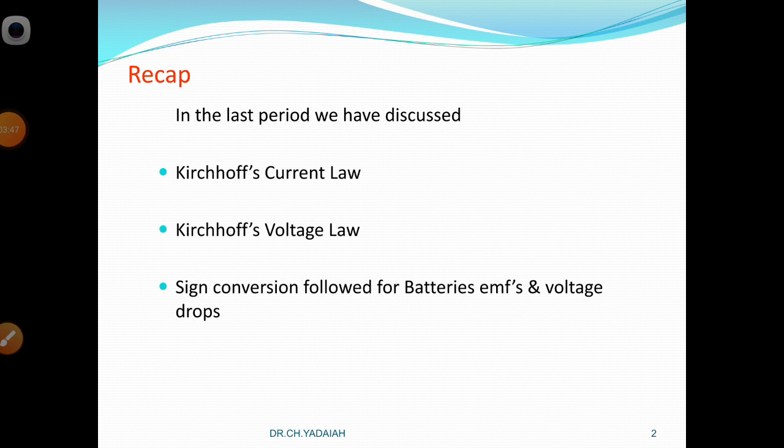At the same time, yesterday itself we have seen the voltage law also. In a closed loop, the algebraic sum of voltage sources is equal to the drops in the closed circuit.